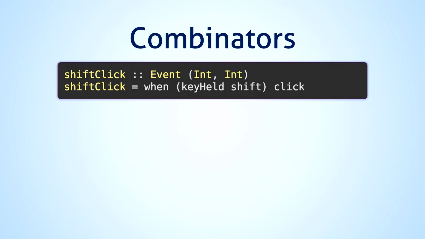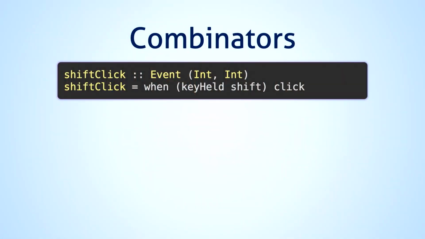So the first one that really amazed me was this combinator called when. And the idea is that we have some behavior that can either be true or false. And then we want to take that behavior and filter events we get to only have events when that behavior is true. So for example, if we wanted to know when somebody does a click while holding the shift button, well, we would get the two input events, the stream of clicks and a behavior of whether shift is held down or not.